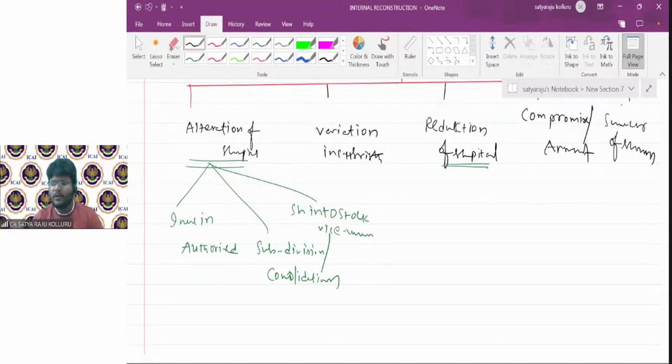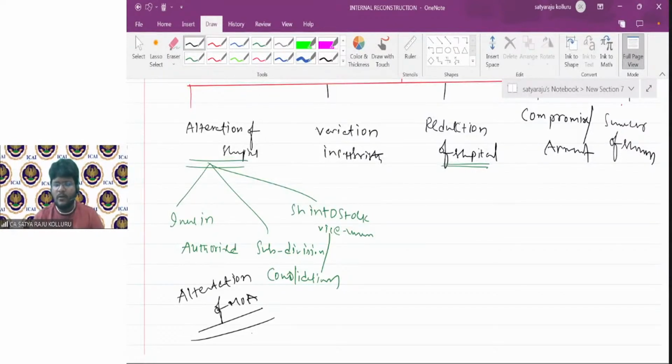Yes, it is possible. It is nothing but alteration of MOA. There is a procedure for alteration of MOA as per the Companies Act 2013. I don't want to go into much legality. For alteration of the memorandum of association, you need to conduct the general meeting. As per the provisions of the Act, you can take either an ordinary resolution or a special resolution.